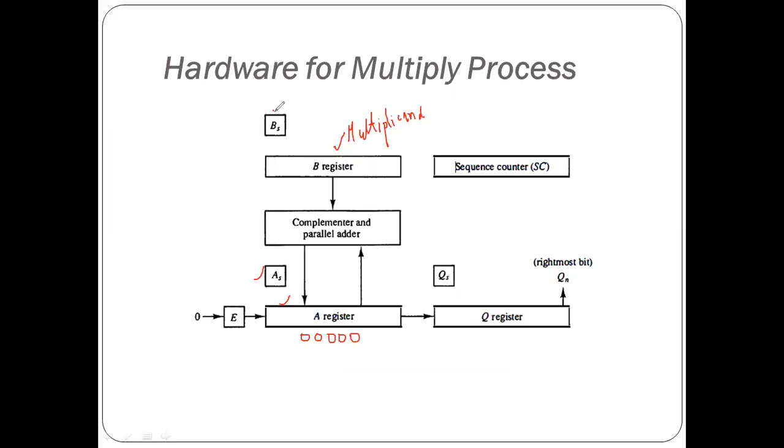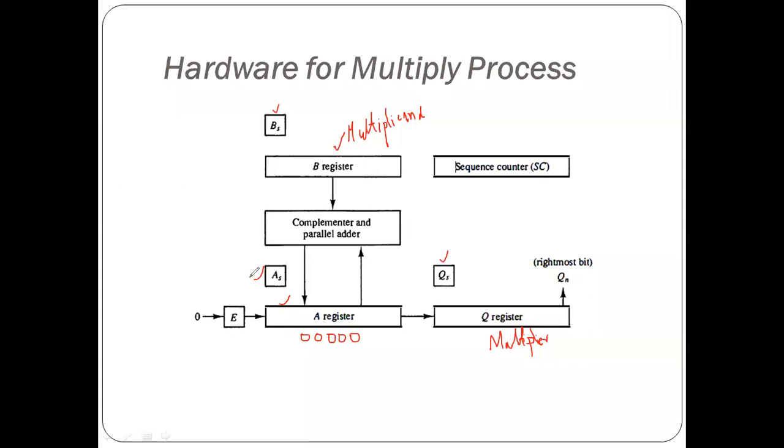Its corresponding sign is in the BS flip-flop. And the multiplier is available in the Q register. So the multiplier is in the Q register, the multiplicand is in the B register, and the multiplier sign is in QS.